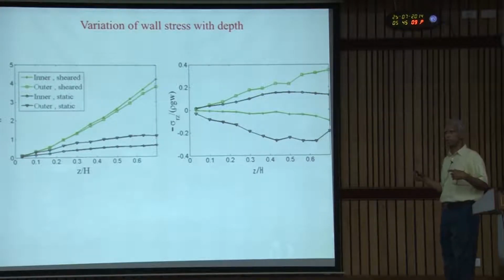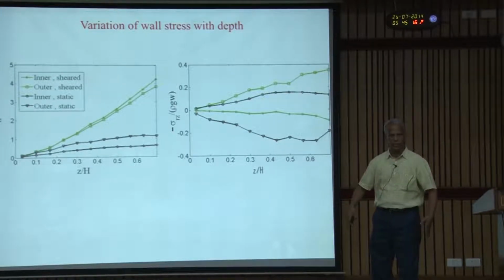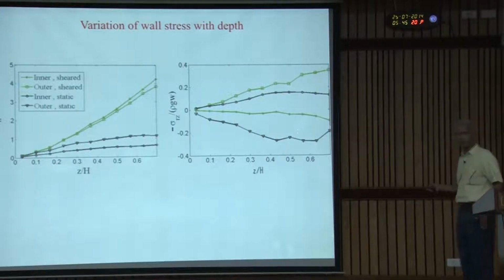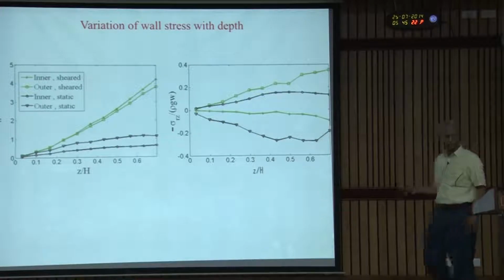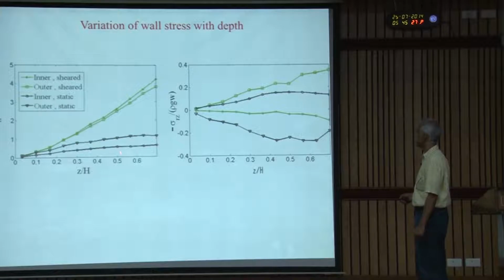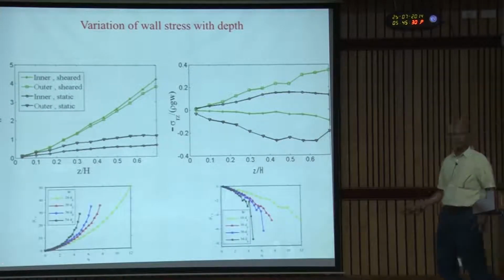If the walls are imposing a downward traction on the material, then the shear stress should be of opposite signs at the inner and outer cylinders, and they are. The radial stresses should be of the same sign, and these are very similar to the experimental observations.